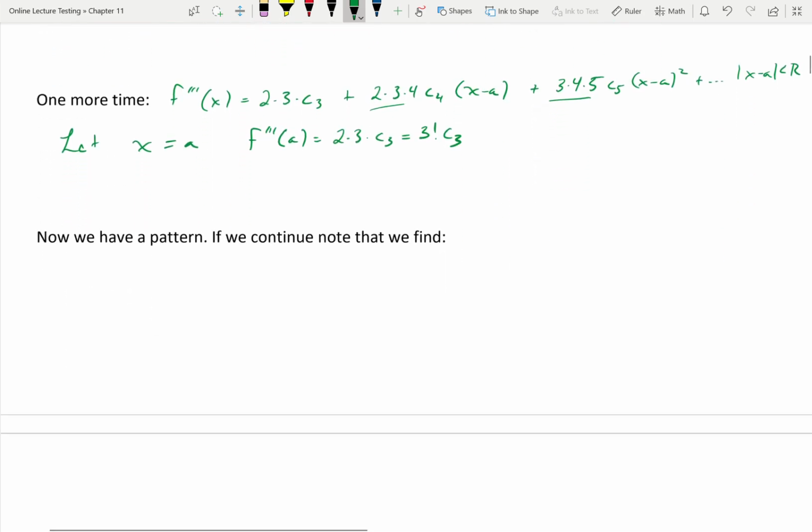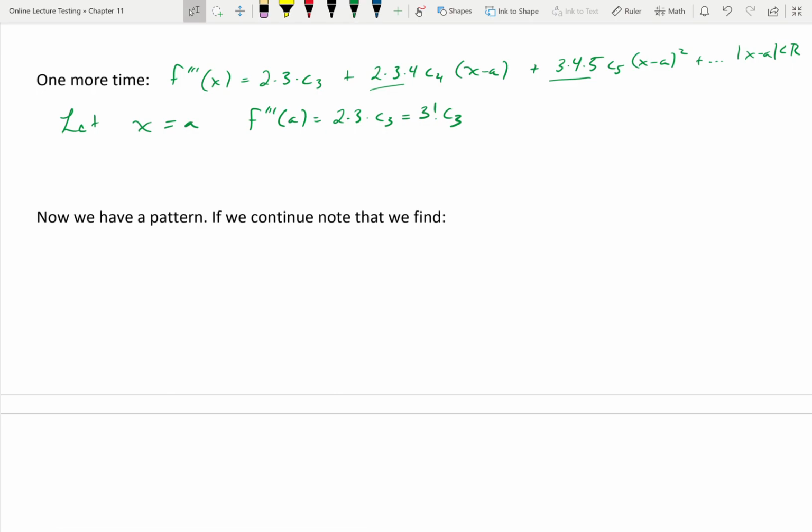So if we continue, then we'll find that the nth derivative, f sub n of a, evaluated at a, we're going to get 2 times 3 times 4 times so on, up to, not plus, times n, c sub n.